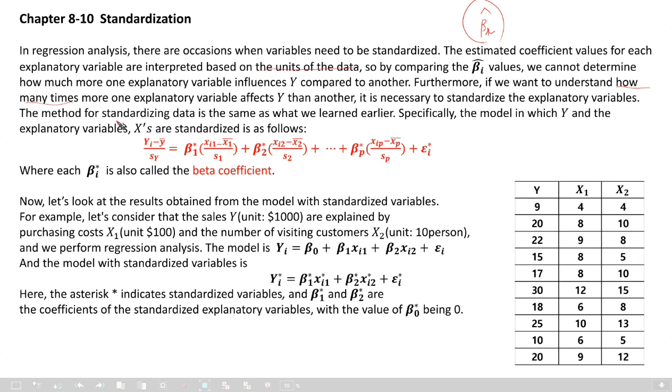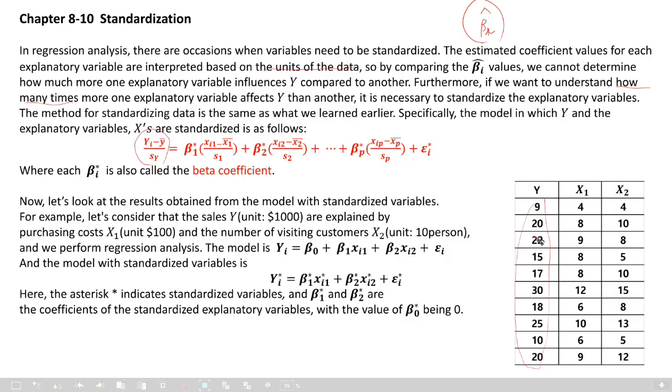The method for standardizing data is the same as what we learned earlier. Specifically, the model in which y and the explanatory variables x are standardized is as follows. Y can be standardized. You may imagine the data like this. This is a small sample data.